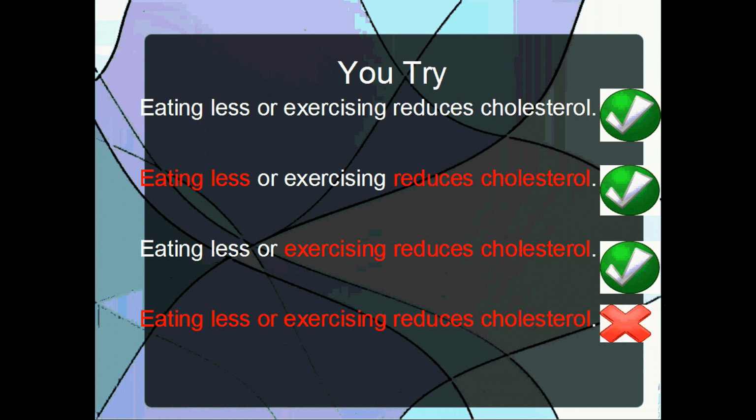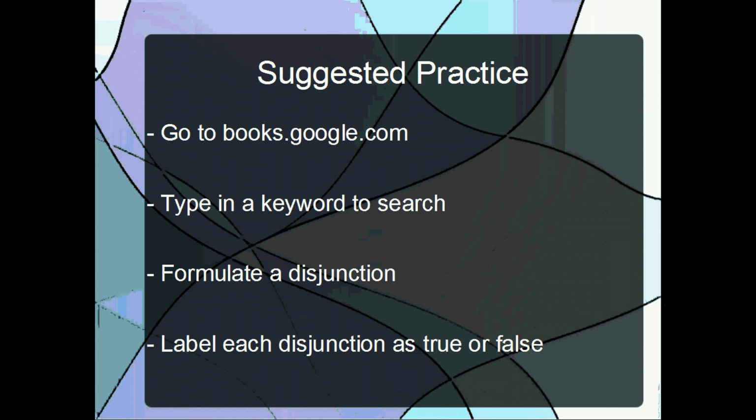Okay? Now here's an idea for you to get some practice beyond this slideshow. You can go to books.google.com. On the left hand side there will be a search bar. In that search bar you'll type in a keyword for a book. Some examples are decisions or options. After you initiate the search, on the left hand side click on Preview Available or Free Google eBooks.